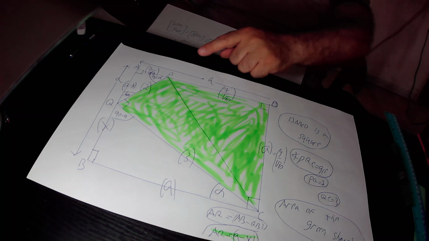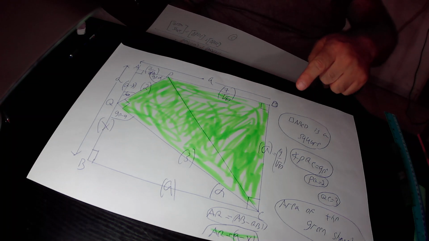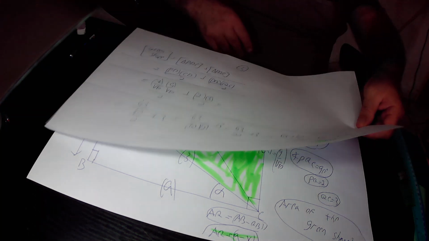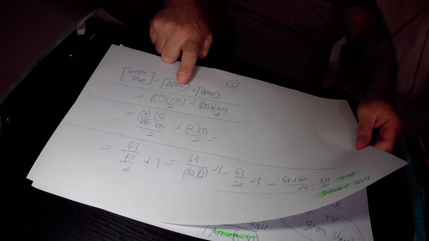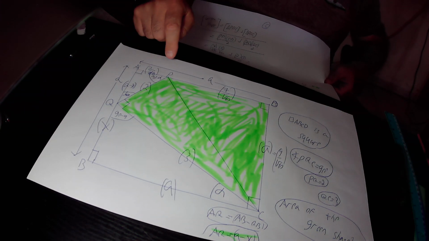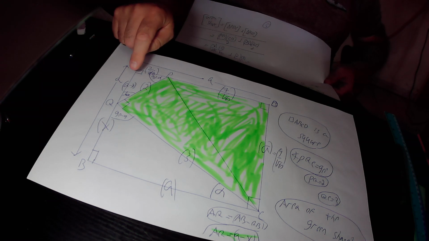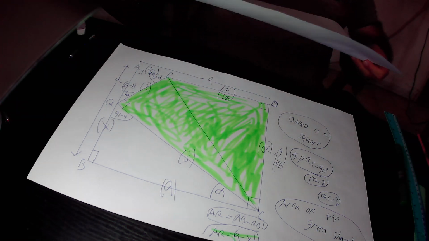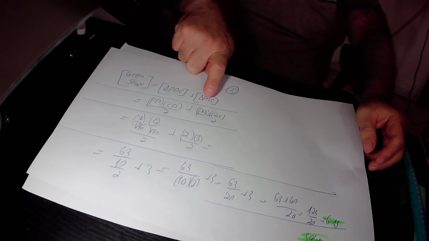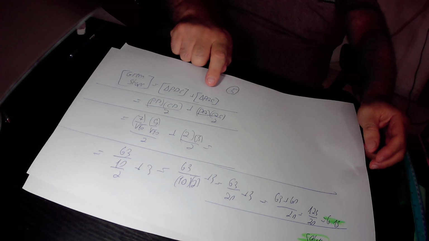It is equal to the base PD times the height DC over 2, plus the area of triangle PQC, that is the base PQ times the height QC over 2.